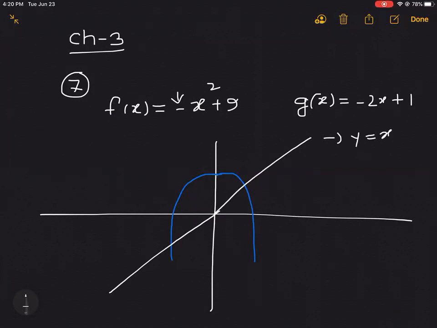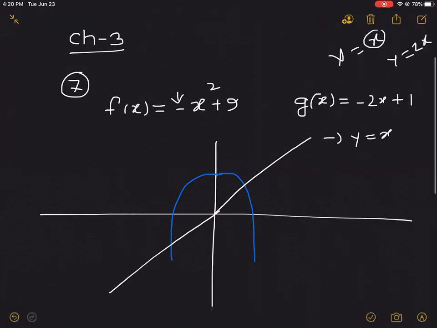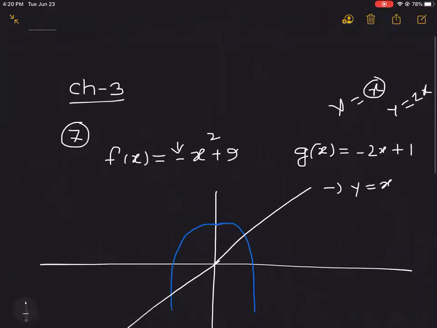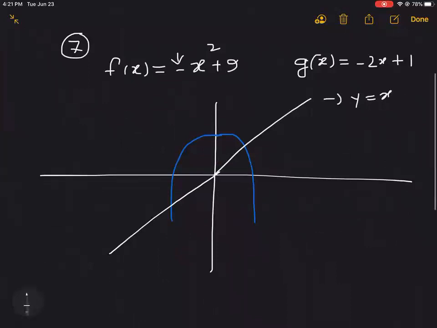If you don't remember the stretch or the compress, as you can see, if you have y equals x and y equals 2x, whatever your value of x is, for the second one your functional value will be 2 times bigger, right? So it will stretch. Of course, it will stretch by 2. So it will look like this.